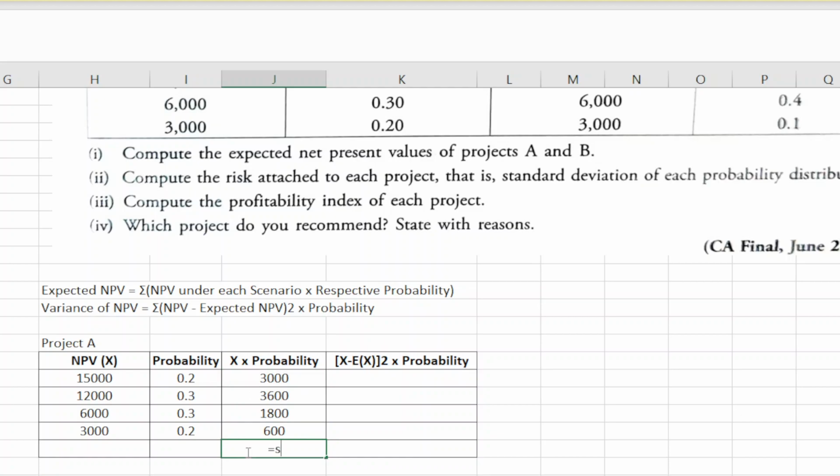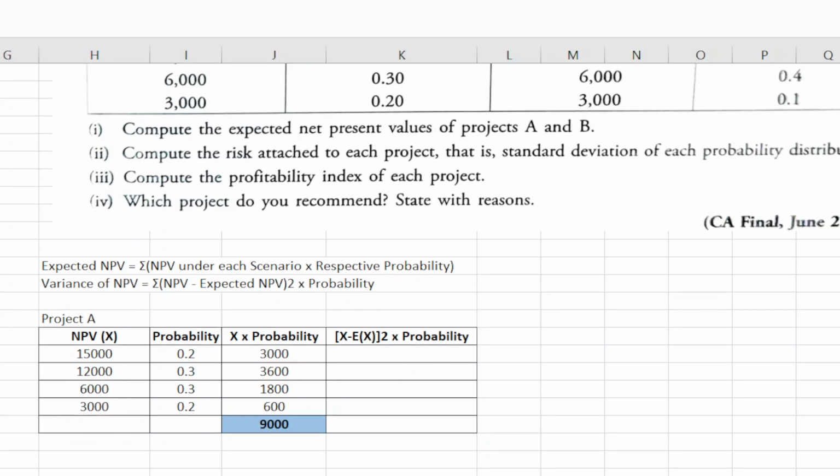Let me do the total of all these things. The total of this particular column. 9,000 is the total of this particular column. Hope you are understanding. And the total of this particular column is nothing but expected NPV.